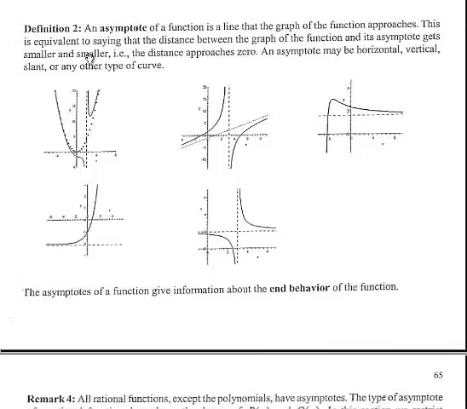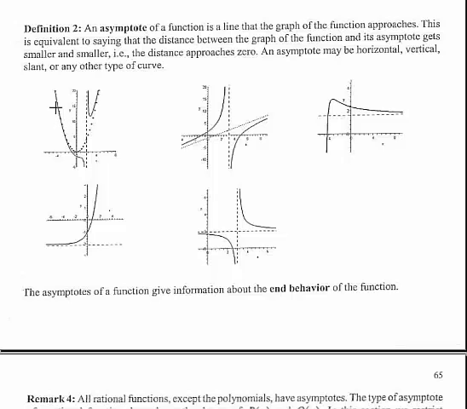Okay, asymptote. Basically sort of a boundary. And there are different types of asymptotes. We are only going to talk about horizontal and vertical, as we did in intermediate algebra.